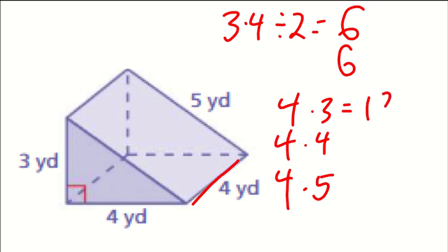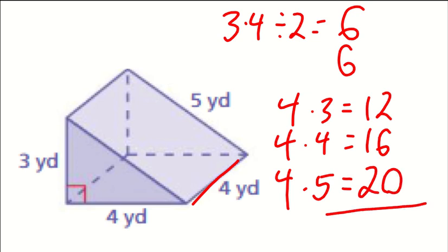So 4 times 3 is 12. 4 times 4, 16. 4 times 5, 20. Then we add. 6, 6, 12, 24. 24 plus 16 gives you 40 plus 20, 60, right? And that's our answer. Any questions on that? Not so bad, right?